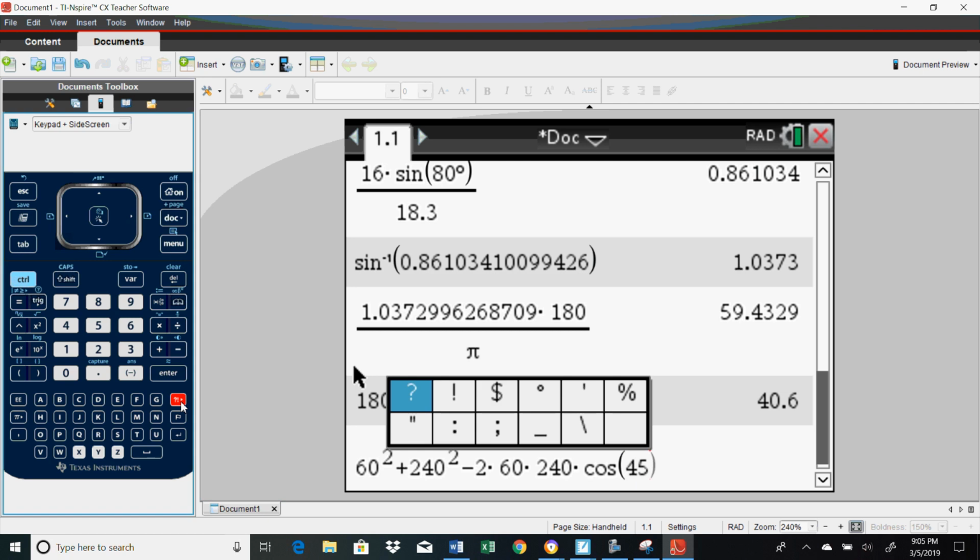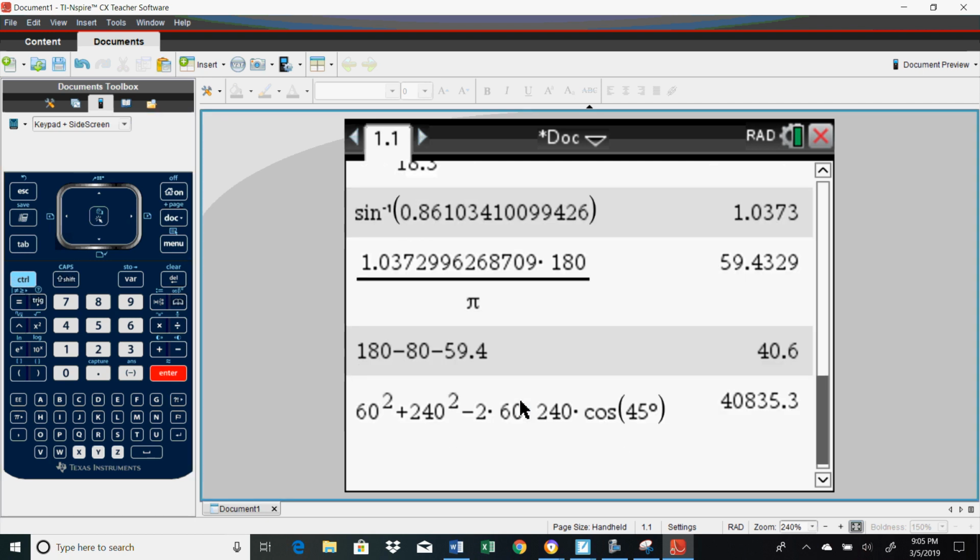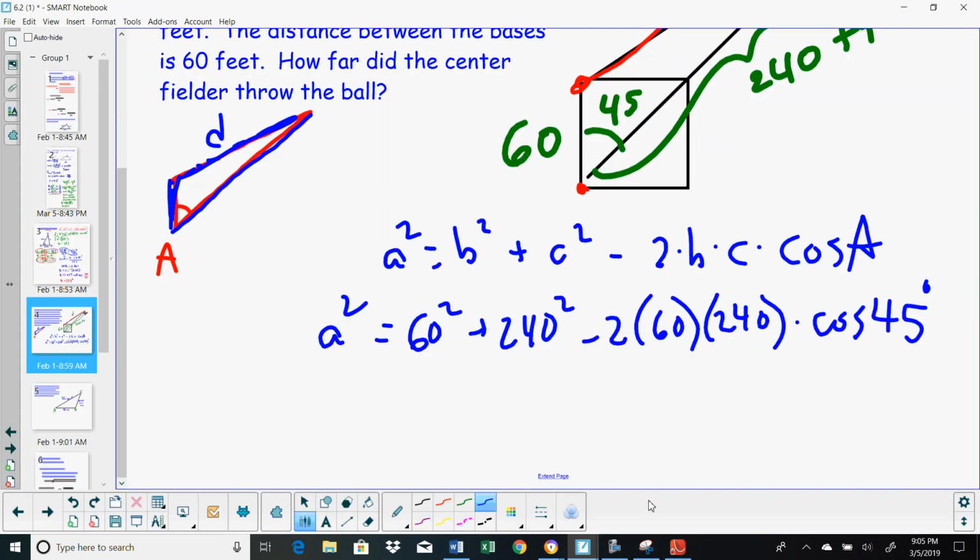I do need to push the degree symbol here. And when I do that, I'm getting 40,835. A squared is 40,835, I believe. And then we're going to take the square root of both sides.